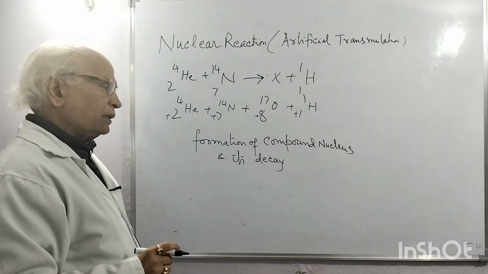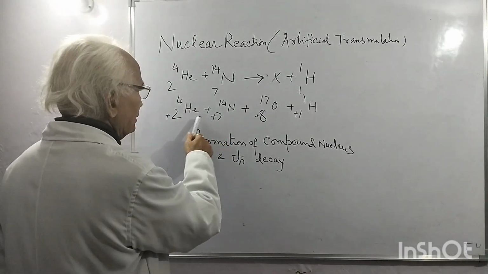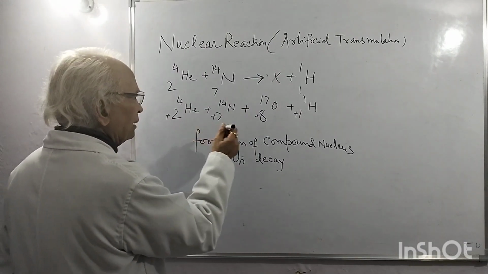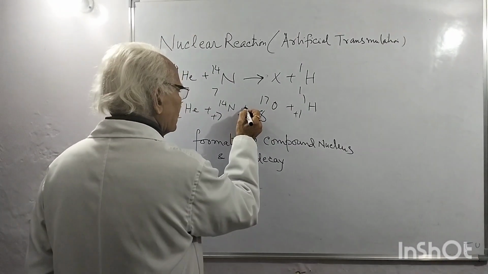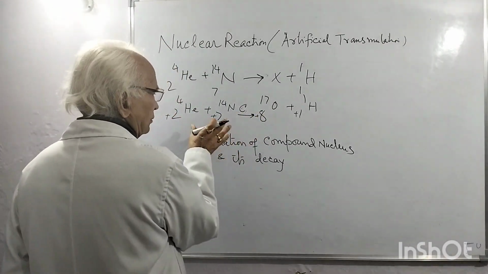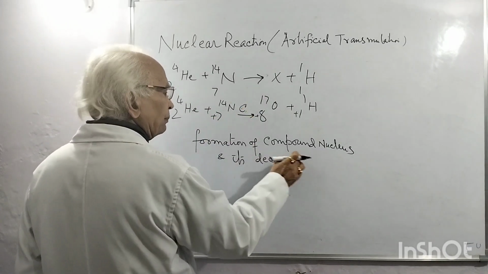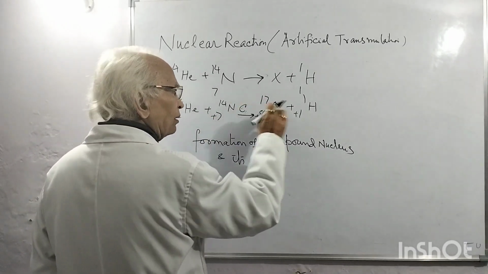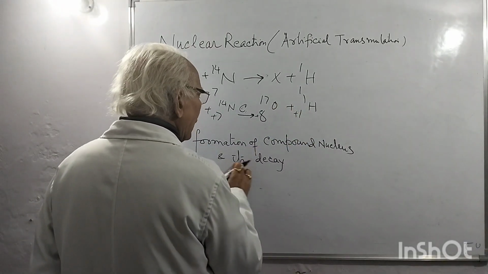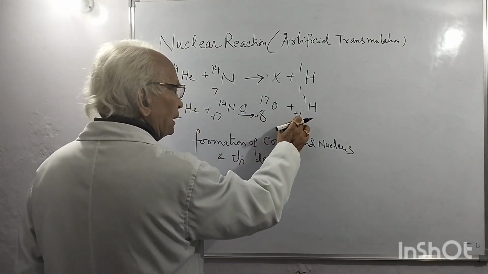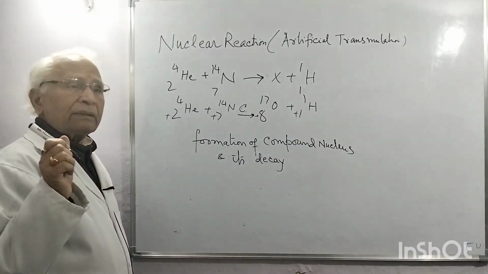This means that when this system combines, we get the compound nucleus C for some time, and this now decays. So, formation of a compound nucleus and its decay. This is very important at lower energy.